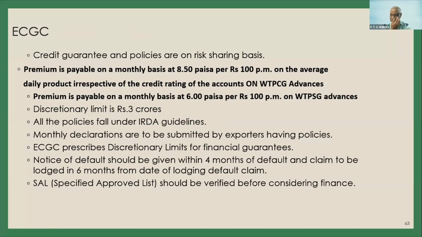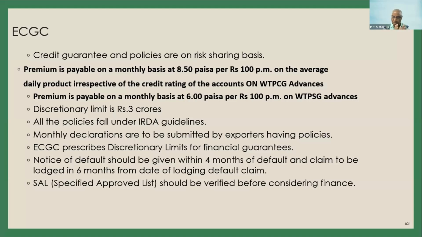Two more important questions here. Discretionary limit is 3 crores for our bank. What is discretionary limit? Whenever we are sanctioning pre-shipment or post-shipment advances, we can sanction up to any limit. But if we are disbursing a limit of more than 3 crores, we need to take permission from ECGC. Up to 3 crores, we need not take any permission. Let's suppose we have sanctioned a borrower pre-shipment credit.